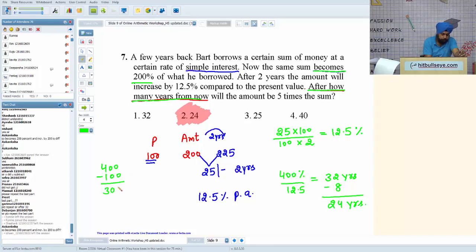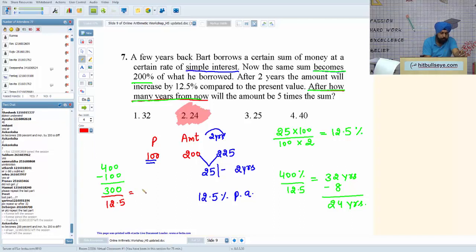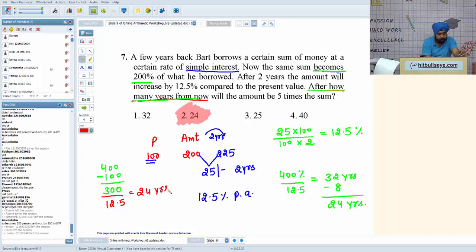So this means you want to earn 300% more as interest when the rate of interest is 12.5%. So it will take 24 more years.